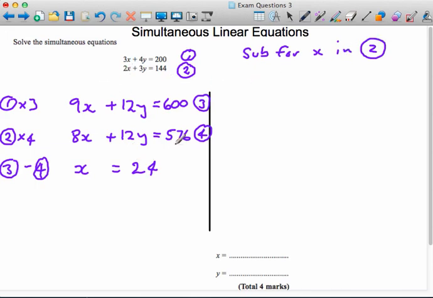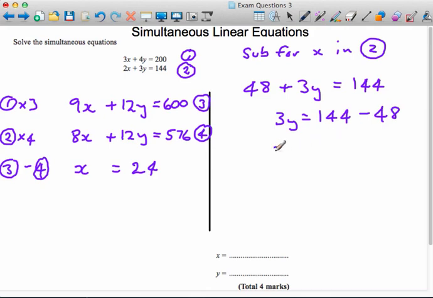2x. Well, if x is 24, 2x will be 48. So I get 48 plus 3y equals 144. So 3y is equal to 144, and if I take the 48 the other side, it becomes minus 48. 3y equals 144 take away 48 is 96.